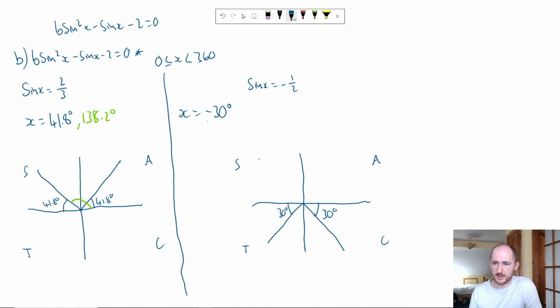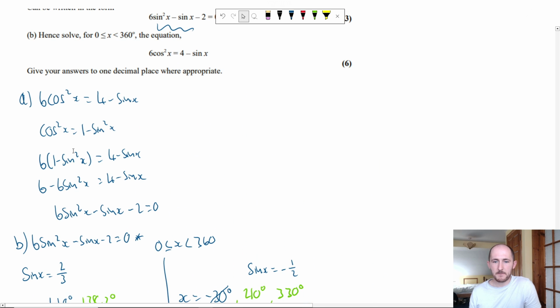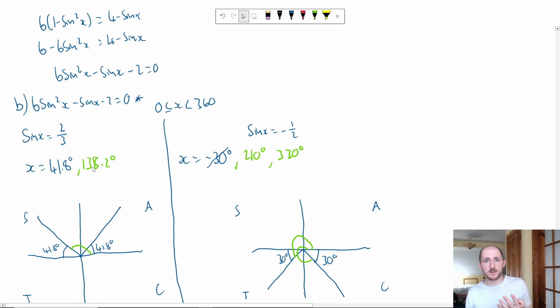In fact, I'm going to put a nice, neat line through there. So if I go anti-clockwise or counterclockwise, I have this value first, so that's going to be 180 plus 30, which is 210 degrees. And I'm also going to have 360 minus 30, which is 330 degrees. Both of which are inside this region. So once again, it's a quadratic, so I get 4 answers.